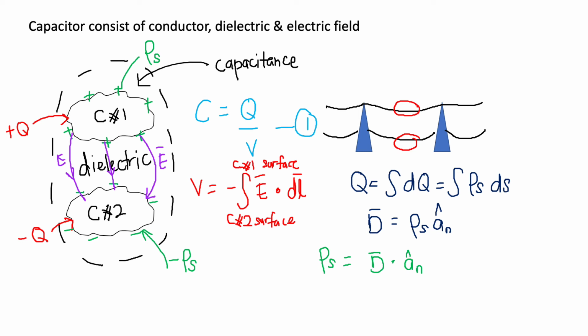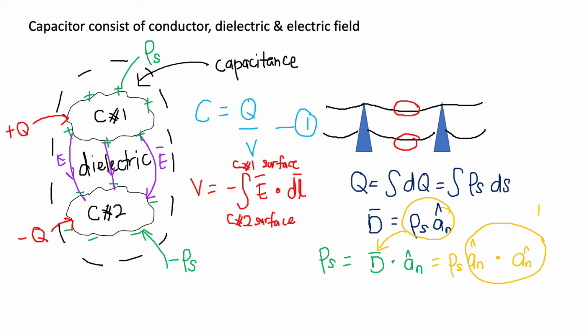How do I get this one? I'm actually replacing this one into this one, then you will get rho S. So let's check. If I replace this one into this one, I can write rho S a_N dot a_N, and this is equivalent to 1.